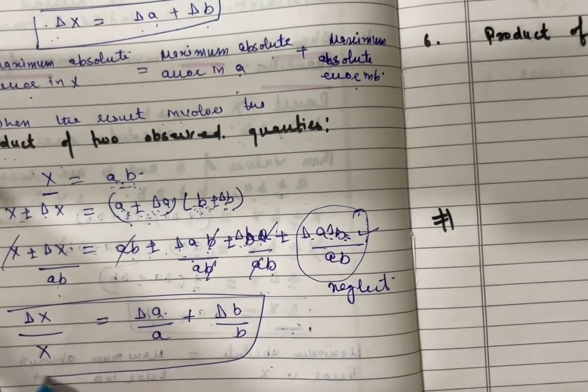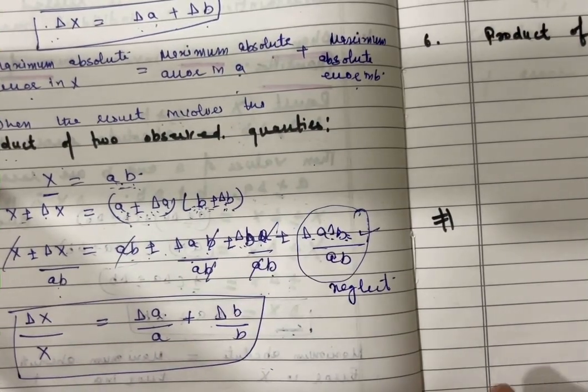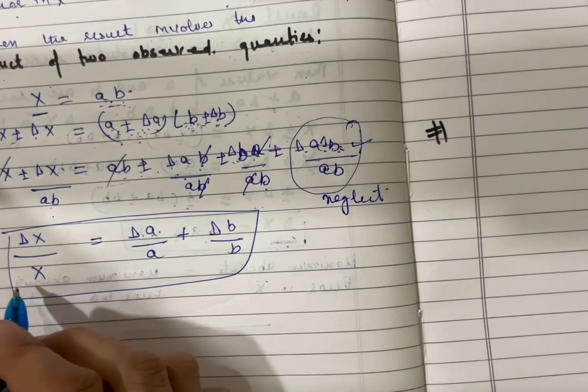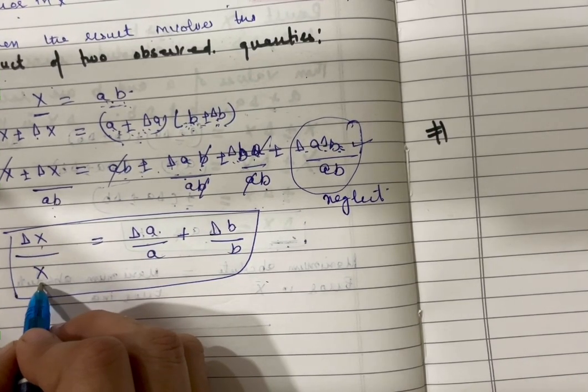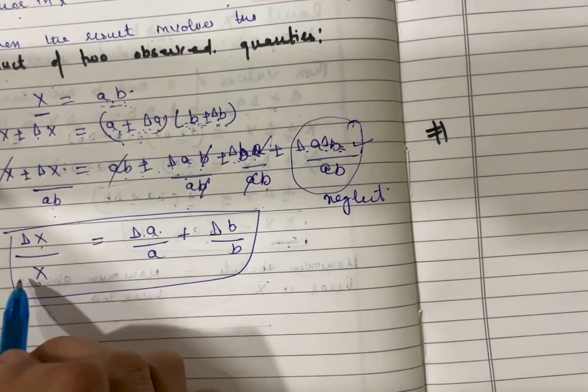So when there is a product, what will it be? What is delta x over x? This is a relative error.